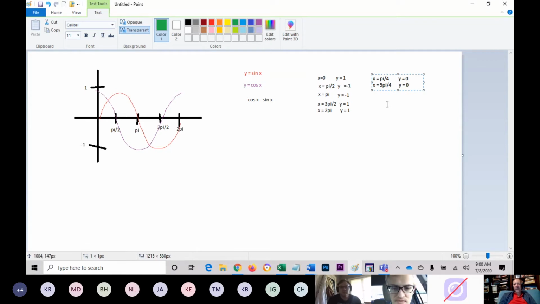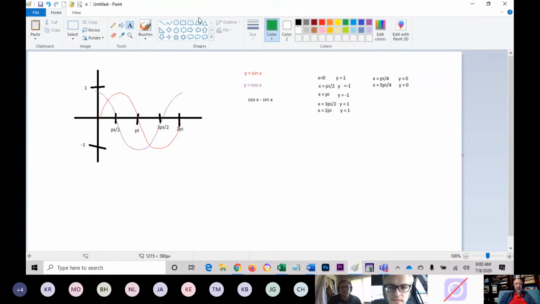Okay. So let's highlight, and I'm going to put some little dots here, so that we've got these here. So when x is 0, y is 1. We're plotting points here. When x is pi fourths, at this point we're going to have a 0. When x is pi halves, y is going to be -1.